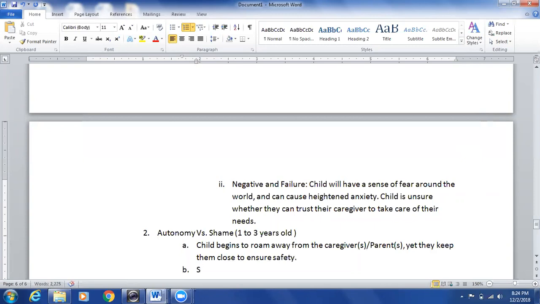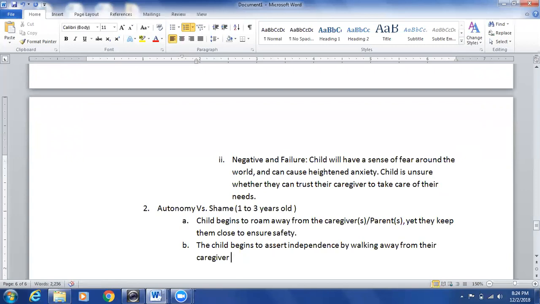And within that, the child begins to assert independence by walking away from their caregiver and making decisions such as picking out clothing, food, and activities.